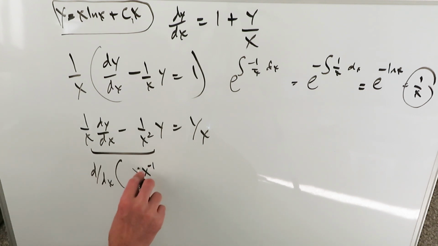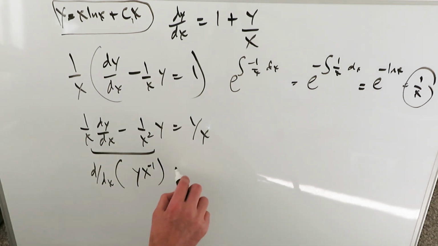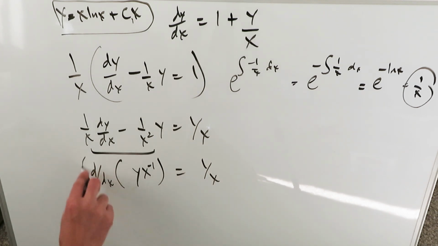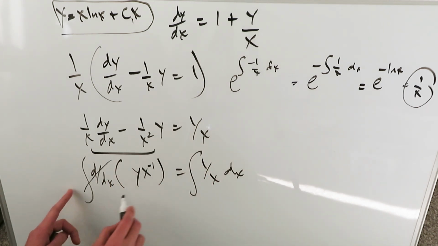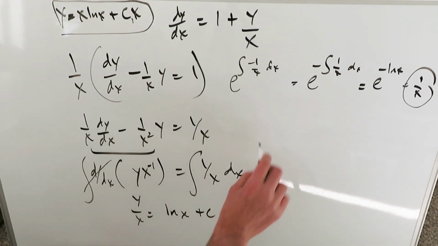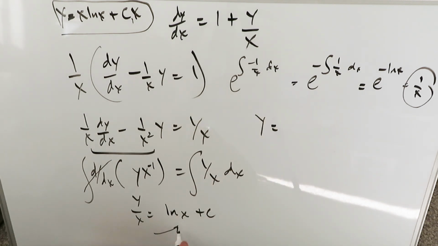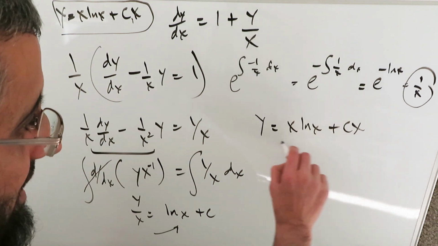If you do the derivative of y x to the minus 1, this is exactly what you have. There's no confusion about it. It is equal to 1 over x. Do the integral. When you do the integral here, integral and derivative cancel each other out. You have y over x is equal to the antiderivative, natural log x plus c. Solve for y. Push the x onto the other side and multiply with everything. x natural log x plus cx, and we are done.